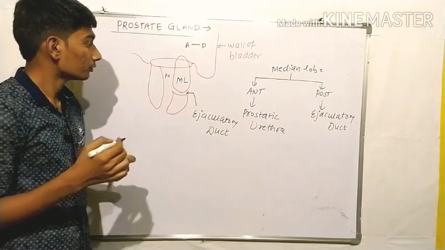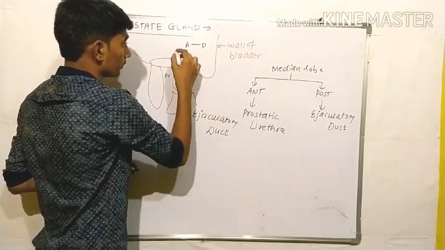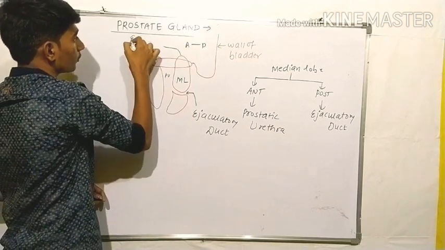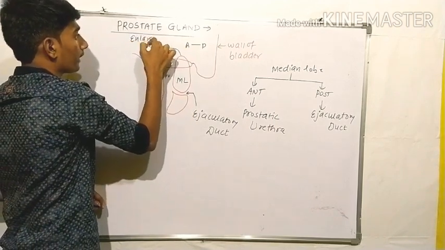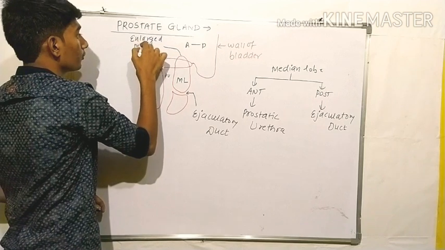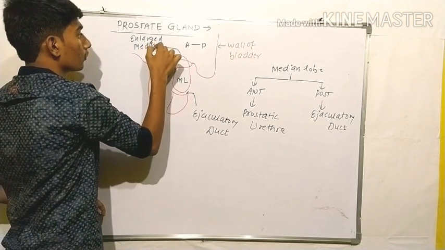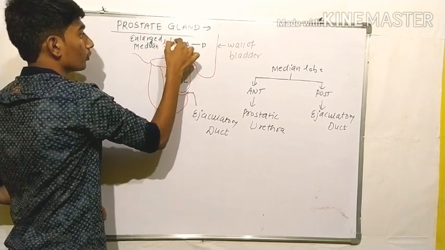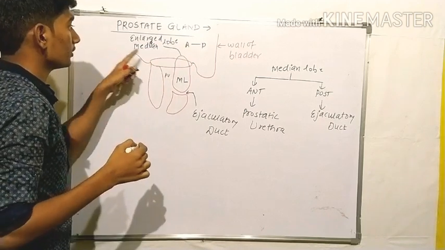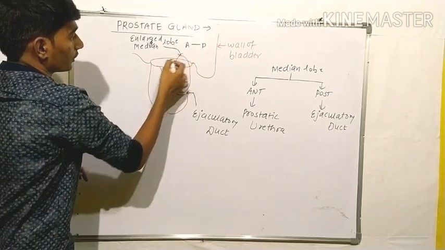Now this is an enlarged median lobe of prostate.